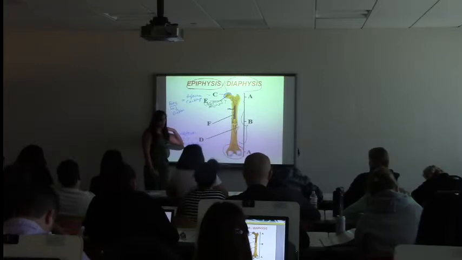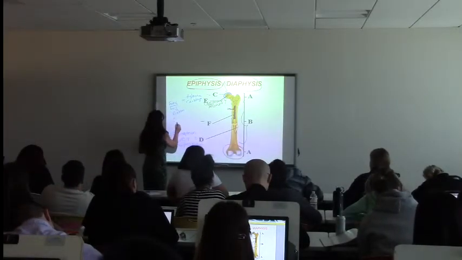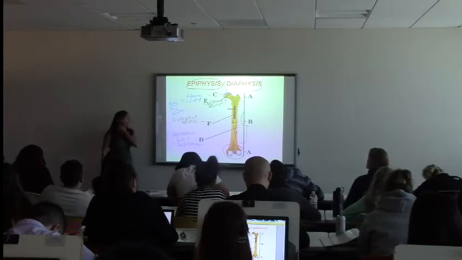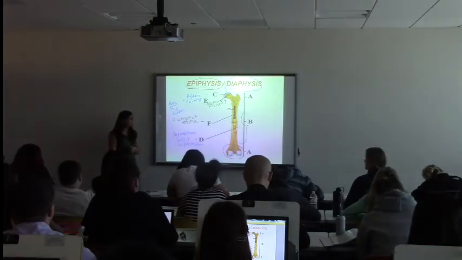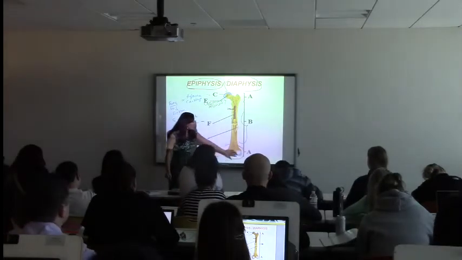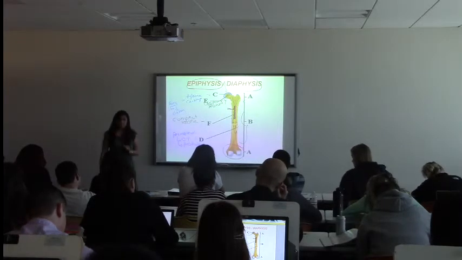F is compact bone. So the diaphysis is made up of compact bone, whereas the epiphysis is made up of spongy bone. Make sense?